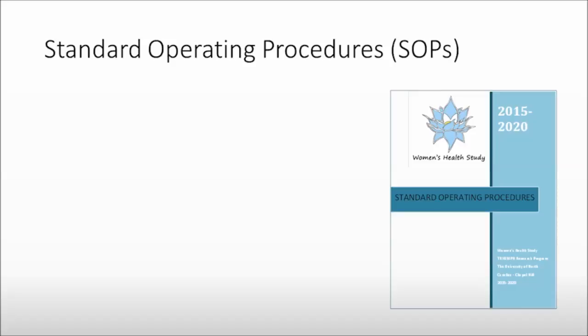The way that it's designed is that it has a table of contents that you can look in and find any information that you might need to know, kind of like a frequently asked questions on a website. But the point is that this should give you every piece of information you need to know to successfully recruit and follow up with participants in the study.